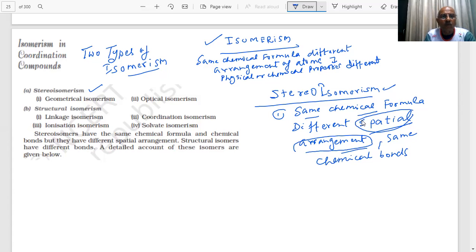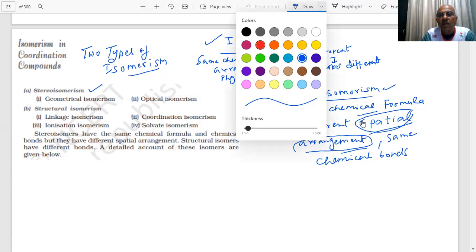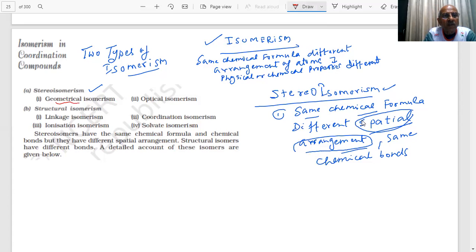Here I have written two: geometrical isomers and optical isomers. Important questions are coming in these stereoisomers.